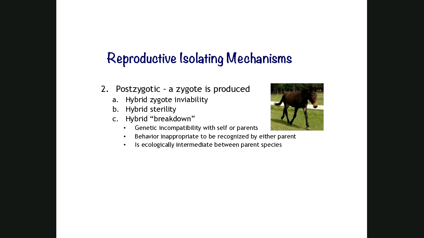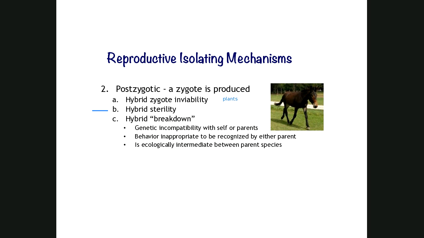Hybrid sterility, and I'm sure you've all heard of this because it is the one you see in mules, hence the picture of the mule off to the side, where a donkey breeds with a horse, and the mule is actually sterile.